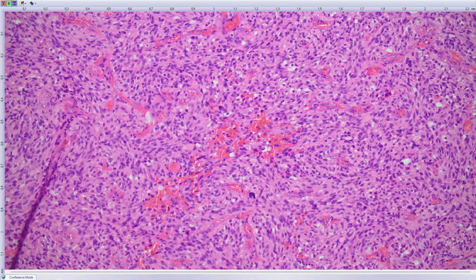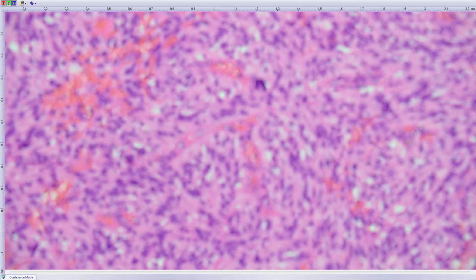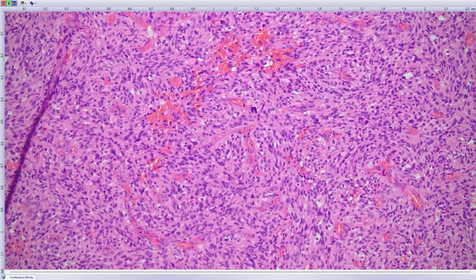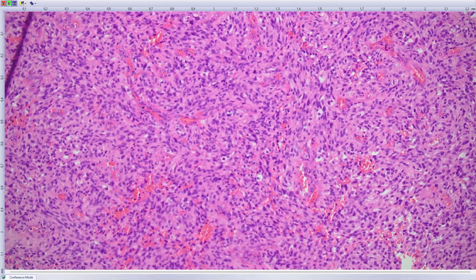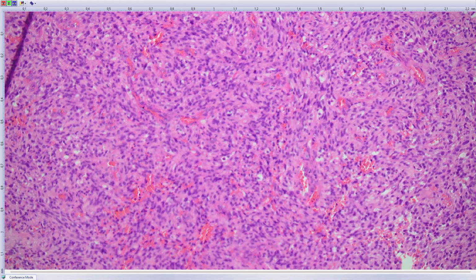Maybe there is a little bit of atypia here, but there were not many mitotic figures, and no necrosis. And methylation profiling came back as pleomorphic xanthoastrocytoma, which is perfectly compatible with this histomorphology.